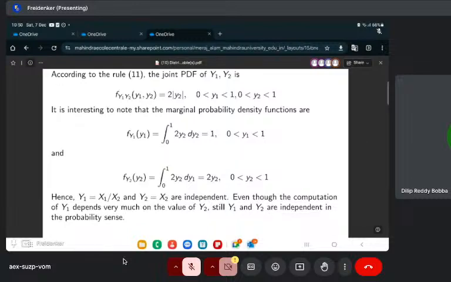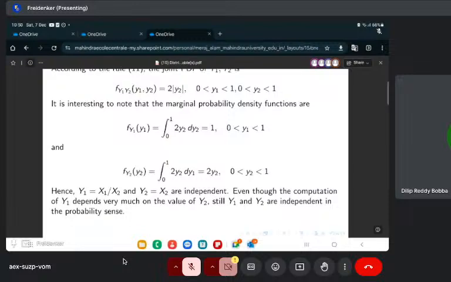So whatever you get from here, they got 1. So the marginal probability density of y1 is basically 1. And where does y1 lie? 0 to 1. 0 to 1 is the domain, whatever. So y1 ranges from 0 to 1.